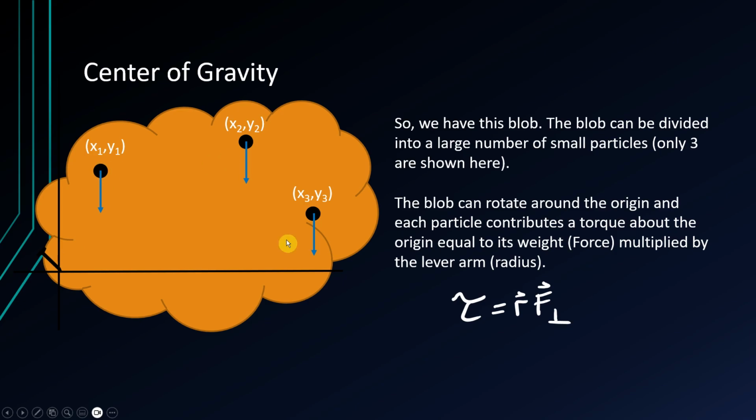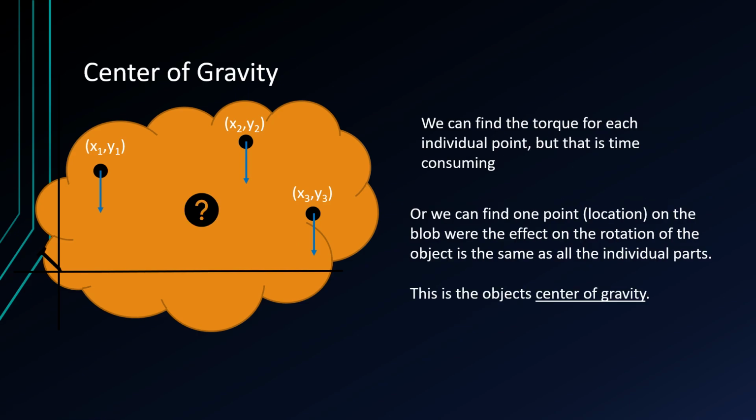But that would be incredibly time consuming. Or we can find one point or one specific location on this blob where the effect on the rotation of the object is the same as the sum of all of its individual parts, meaning we're finding one location where we can place the total mass of this blob that produces the same result as if we were to take a summation of individual parts.